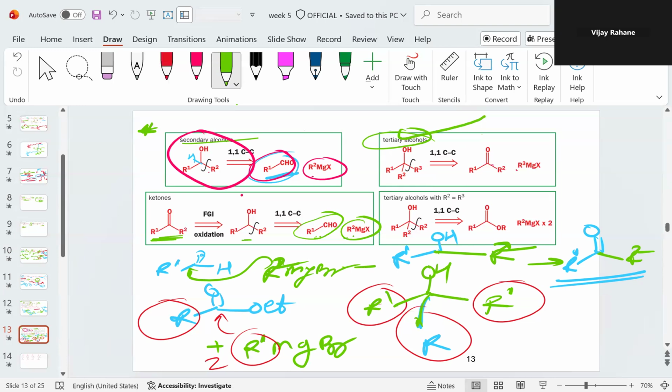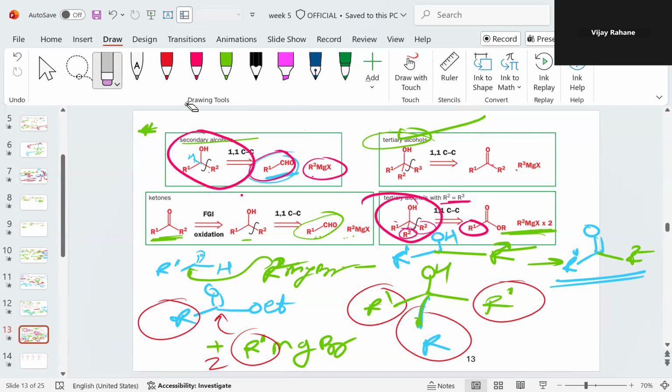So this one is clear. Now, if you want such a type of tertiary alcohol in which R2 and R3 are equal, so there are two similar and one R is different, we can simply select the different R1 as an ester and the two similar R2MgBr as the Grignard part.